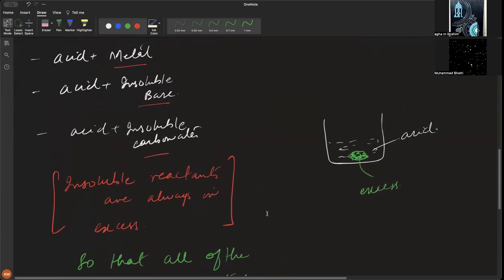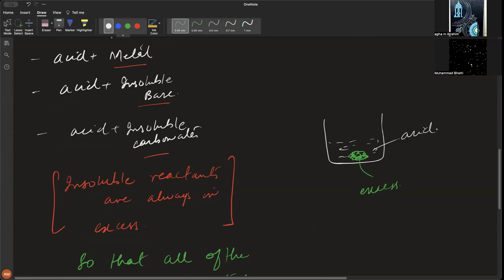If this reactant is not in excess, what is going to happen? We will never get to know whether all of the acid has been converted into salt solution or not.